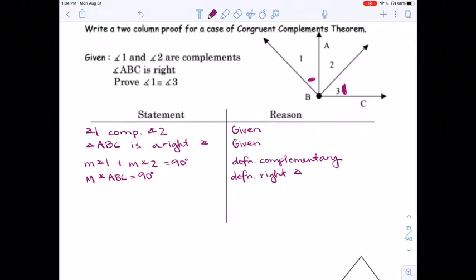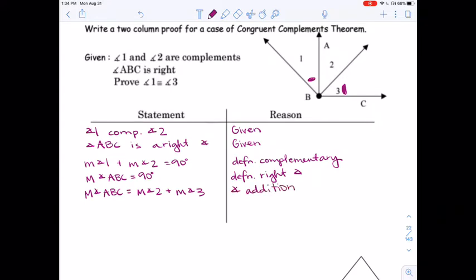All right, let's take this measure of ABC and expand that out because I need to bring in angle 2 and angle 3. So if the measure of angle ABC is combined of 2 and 3, then let's write that out. The measure of angle ABC is equal to the measure of angle 2 plus the measure of angle 3, and that is just angle addition.